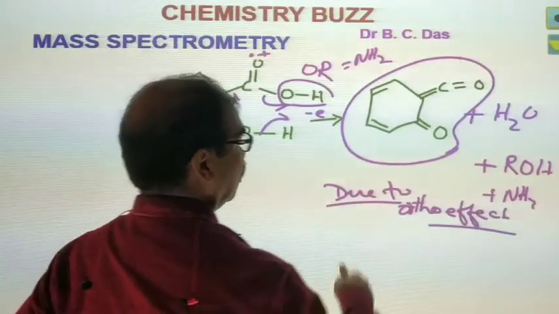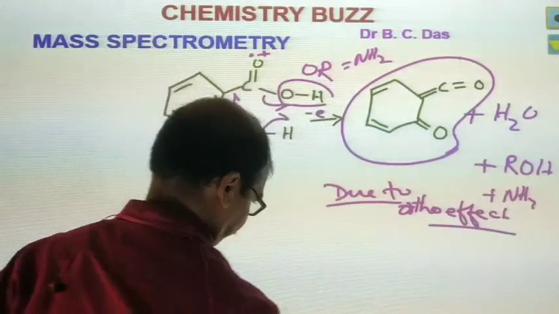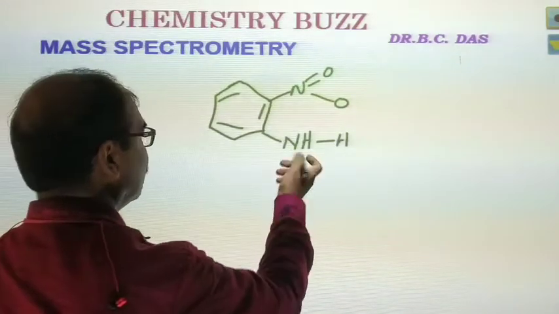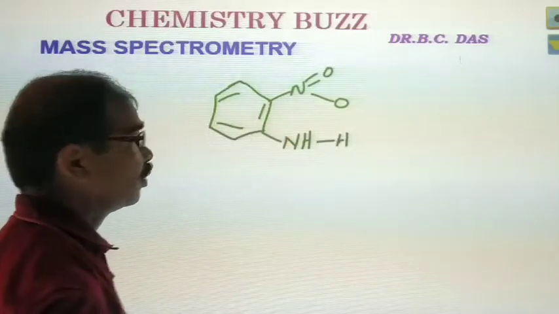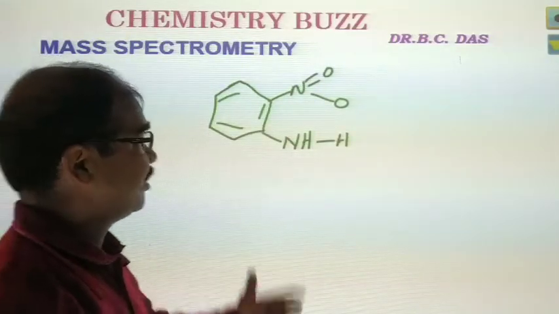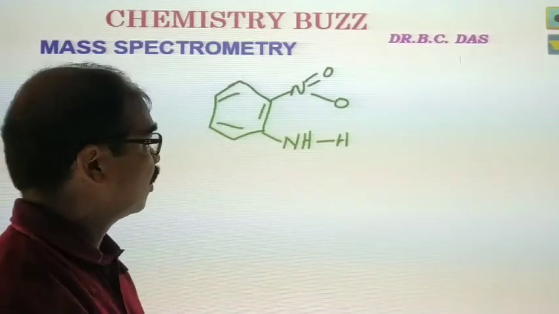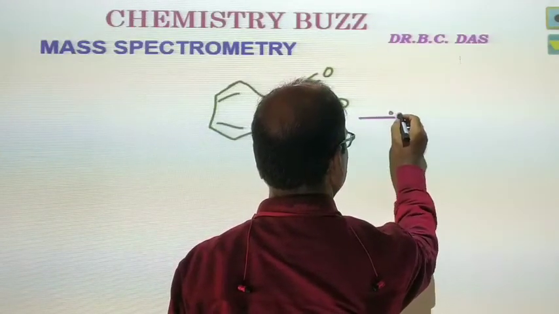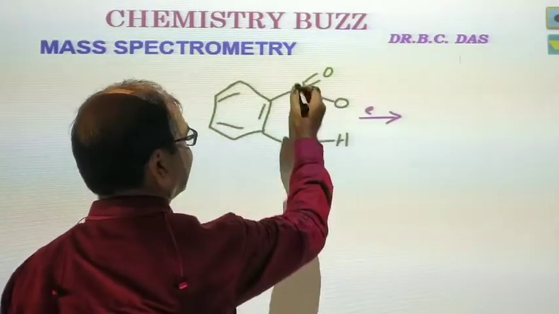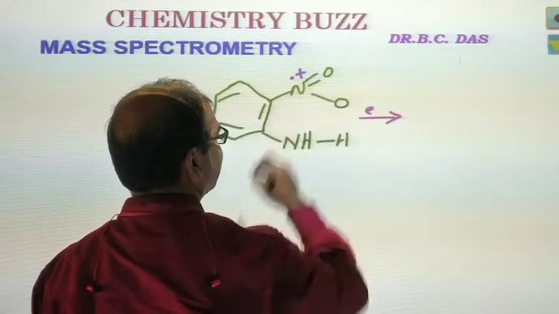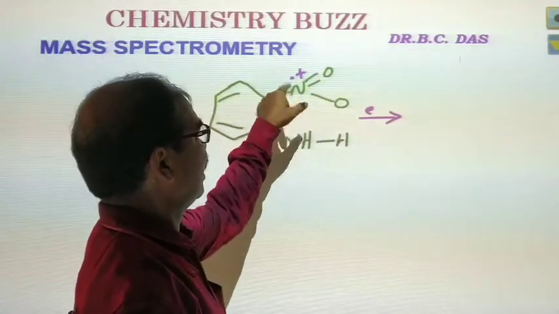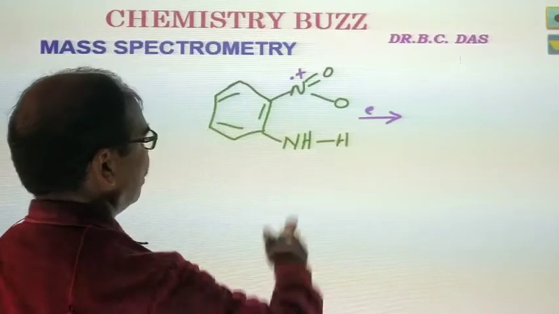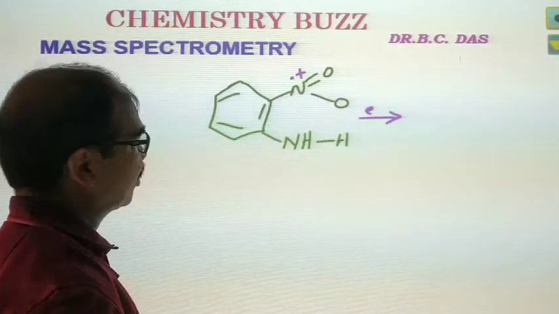Now I come to a problem. So this compound, whether this will exhibit the ortho effect or not. When this is ionized, you will get a dot and a plus here, because this nitro group is acidic, so removal of an electron becomes facilitated from here.